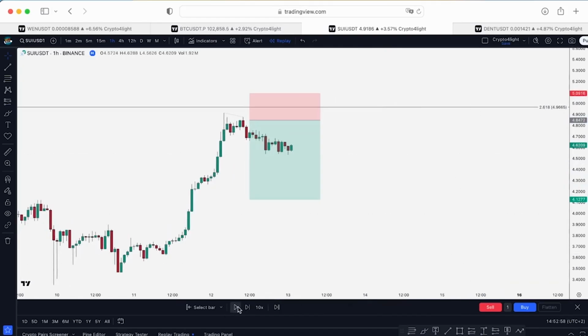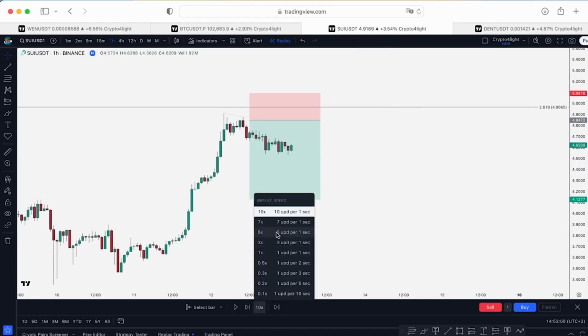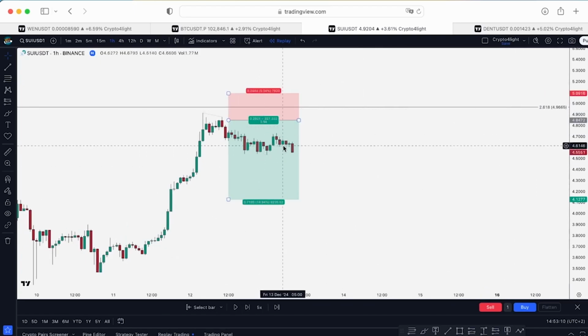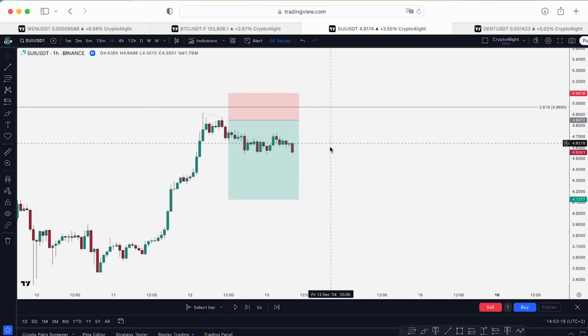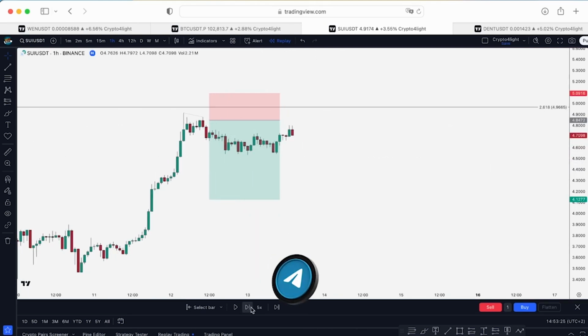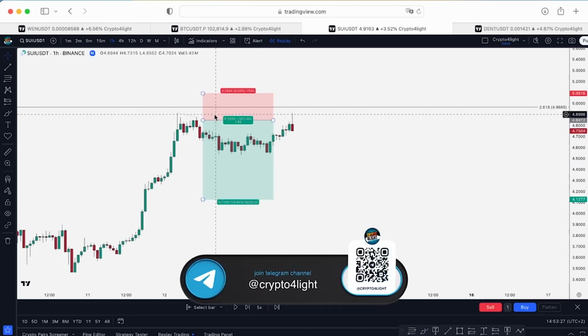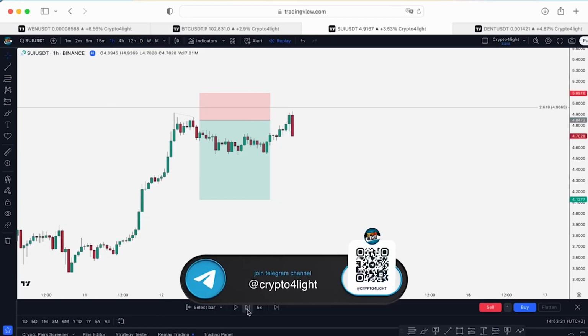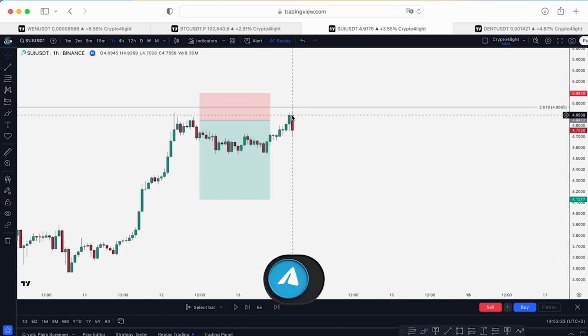What do the market makers do next? Why are we always around some K level going sideways? Because the market makers need to build liquidity, and then we go higher. Bam. We sweep these highs on the 1 hour time frame. After that, when we sweep it, we see the reaction on the 1 hour time frame.